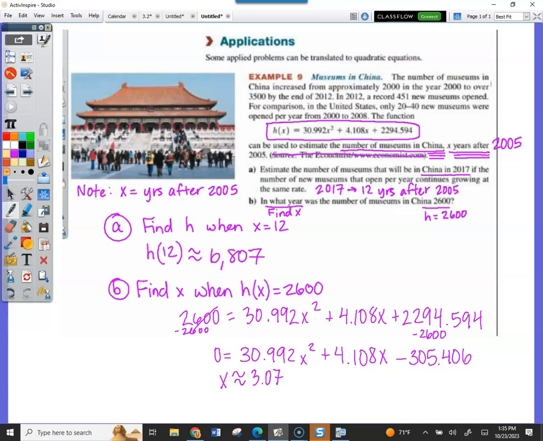Now in terms of years, we're going to say 3 years after 2005, which means the answer is 2008.